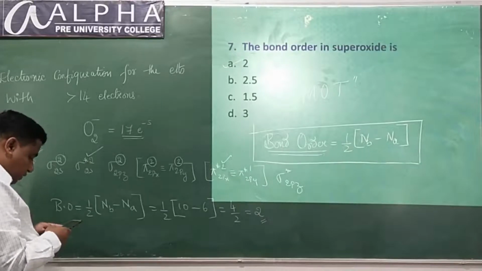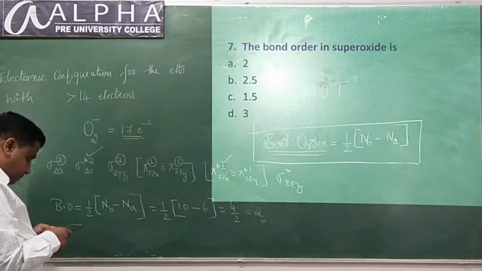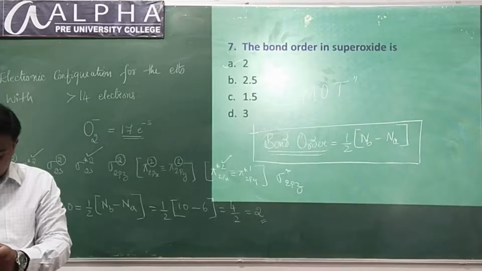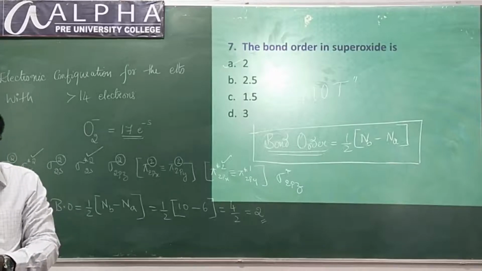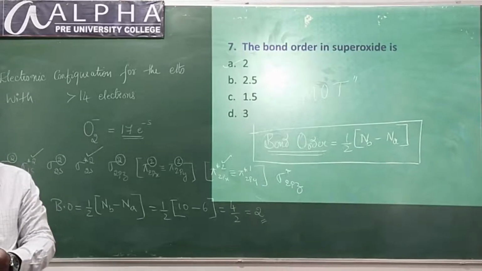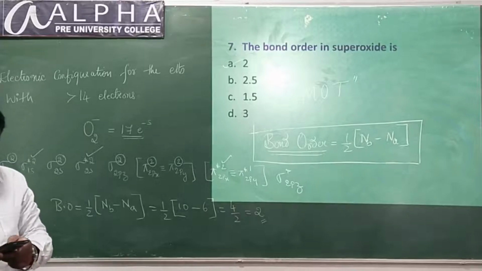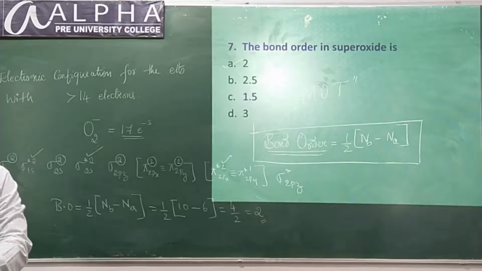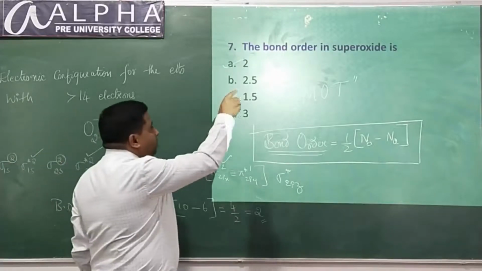What did we get? It's going to be how much? It is 2. Bond order in superoxide will be equal to 2. Correct. So the exact answer is option A.